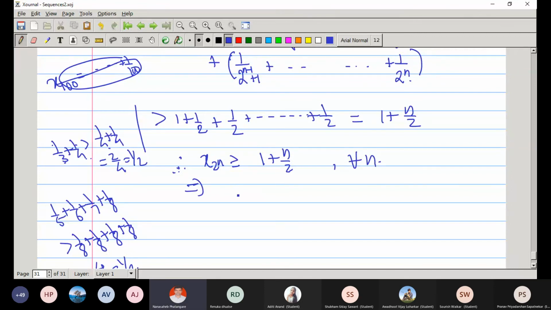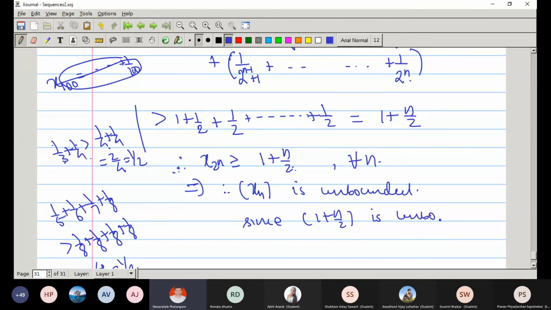And therefore, since xn is an increasing sequence, can we say that xn is unbounded? Because the left hand side, 1 plus n by 2, is unbounded. Correct?